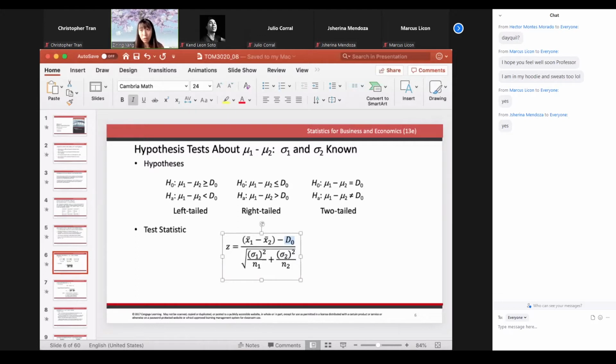So with that fundamental assumption, the hypothesized difference in the population always equals 0. When we write D sub 0 here, it's to indicate that we are comparing with a hypothesized population mean difference. But practically, this number always equals 0. So when you do your calculation, you really don't have to worry about this number. You only worry about two numbers in your numerator, X bar 1 and X bar 2. You take the difference of those.